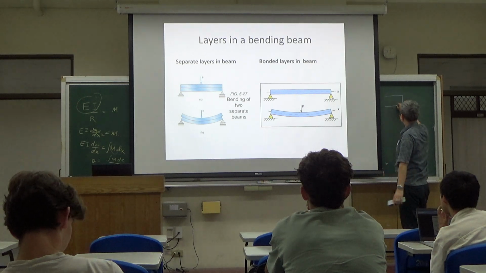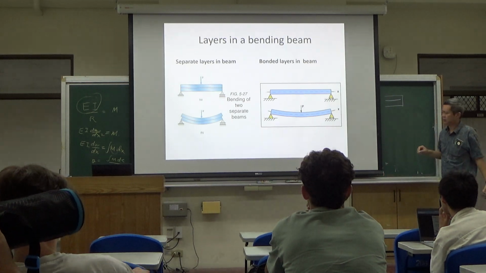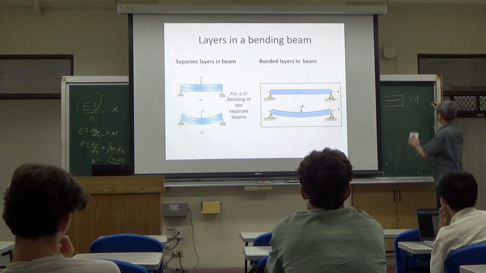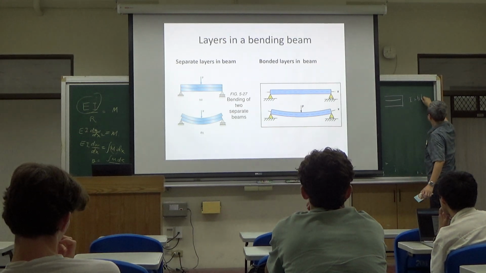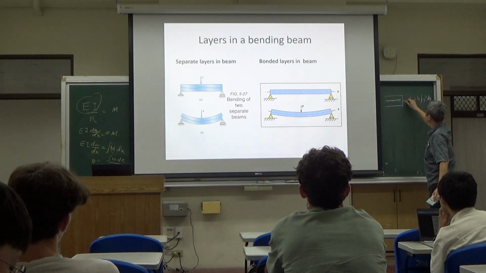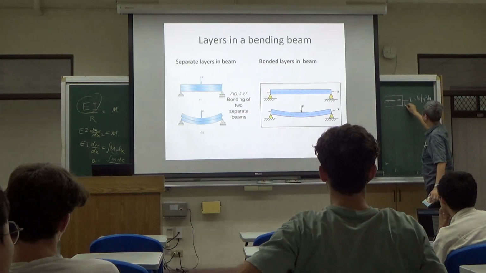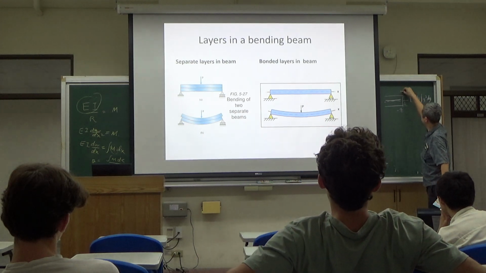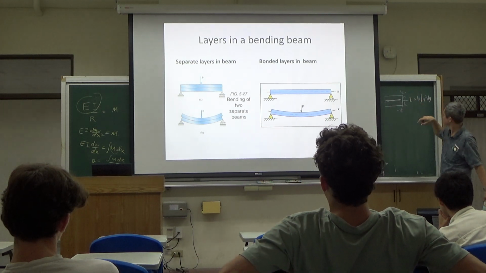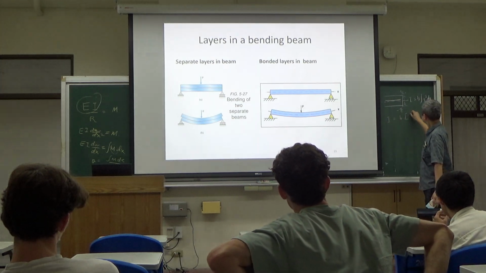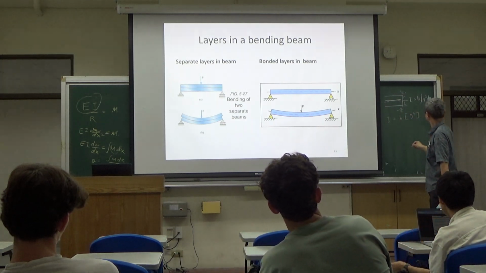This is one whole piece. My I is the integration of y squared dy, starting from minus half thickness to half thickness. So you can see what your I is: b y cubed over 3.